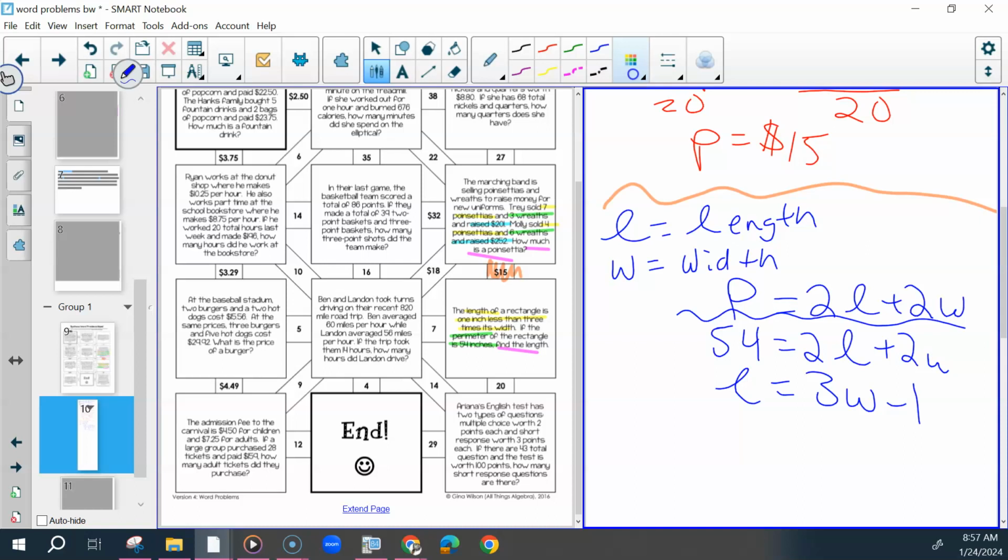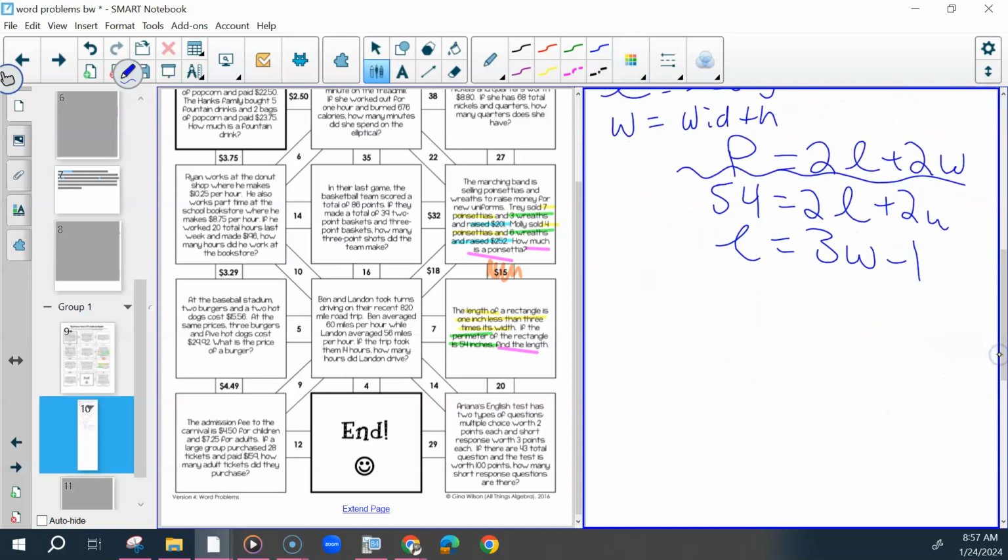So this one's set up really nicely for which type of solving? Substitution. However, when we substitute this back in, we're going to end up with just W and then have to go back and find L. So an extra step, but that's okay.